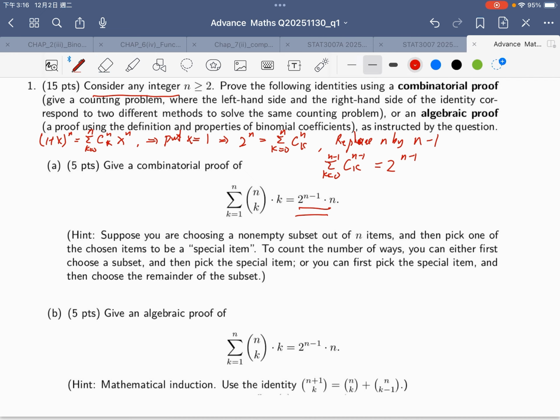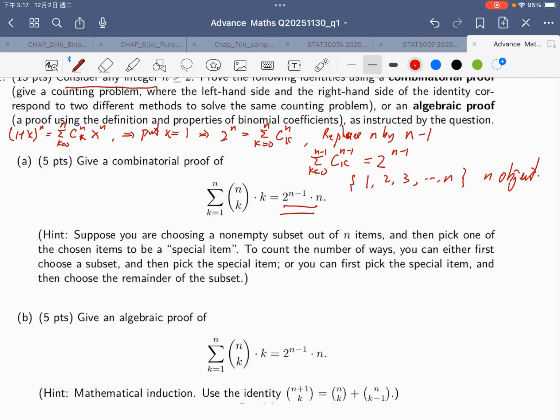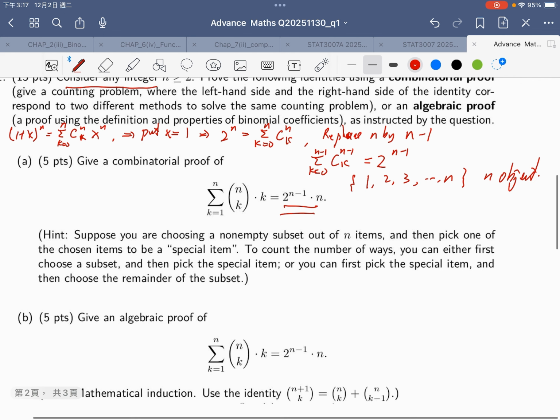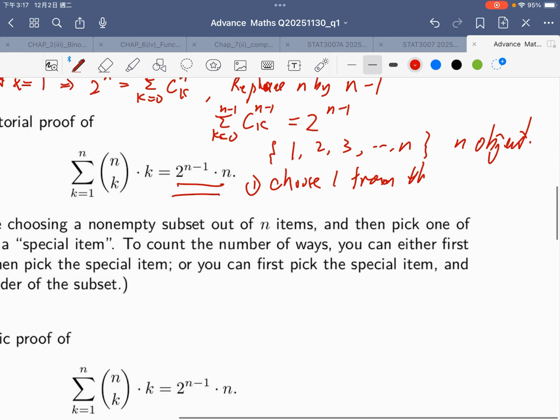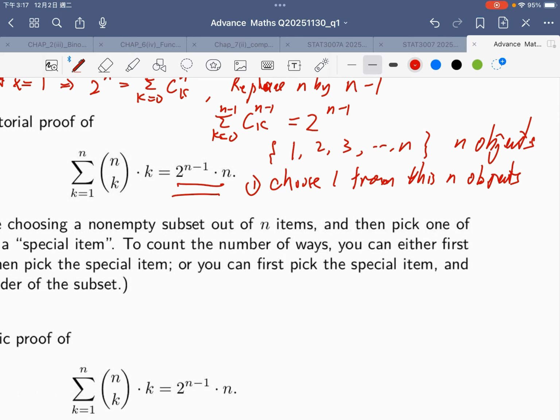For the right hand side first, let's look at how I choose. If there are n objects, 1, 2, 3 to n, the method is like that. I first choose one object from these n objects, so the number of combinations is n.